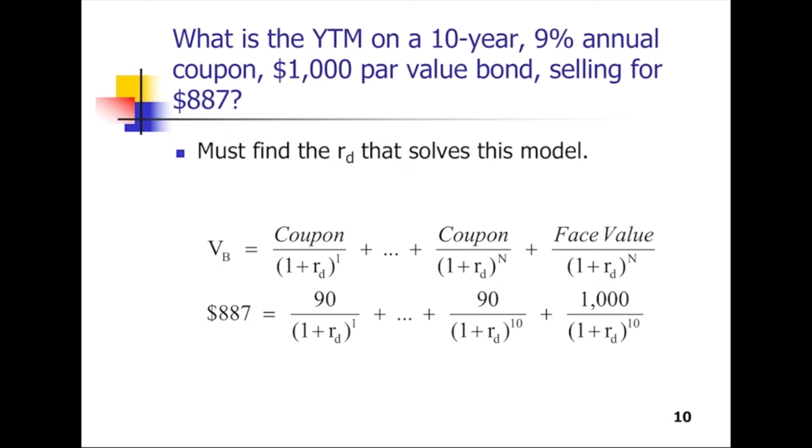In this case, the RD can be interpreted as the yield to maturity. And how can you know the value of this bond? Yes, from its market price.